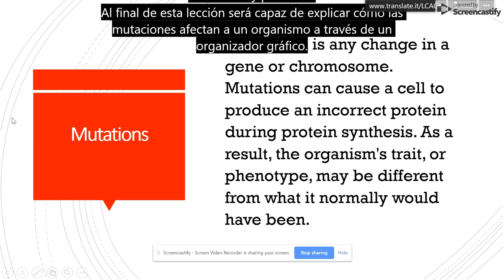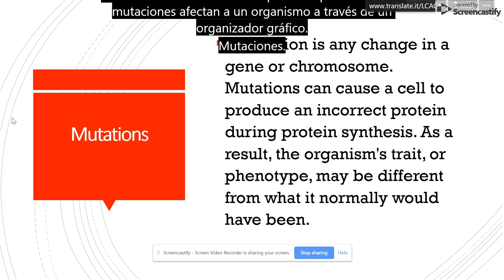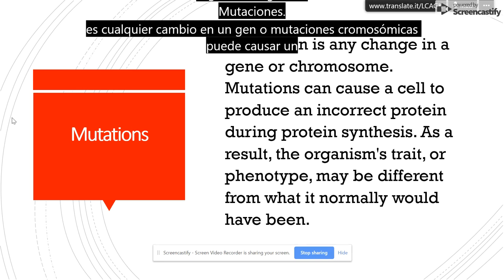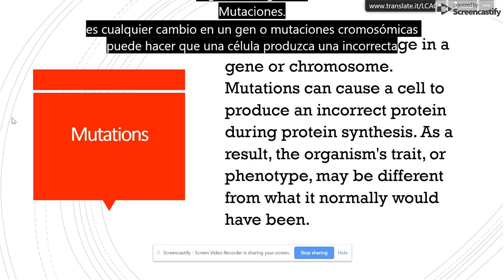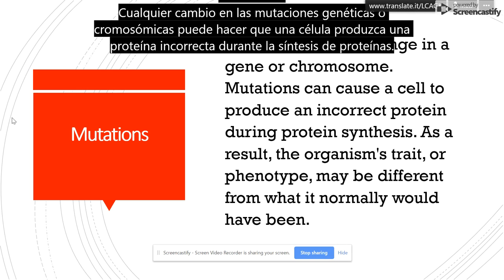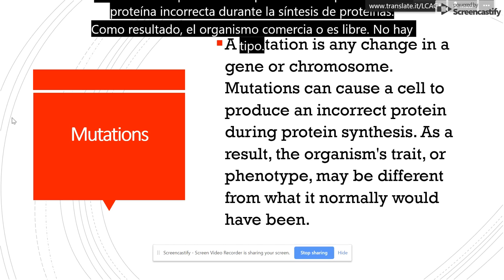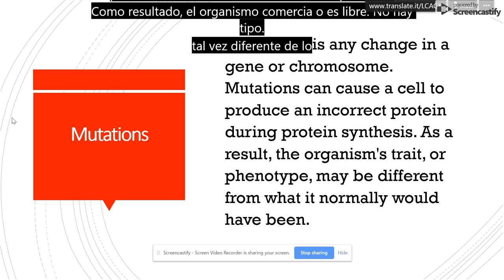Mutations is any change in a gene or chromosome. Mutations can cause a cell to produce an incorrect protein during protein synthesis. As a result, the organism's trait or phenotype may be different from what it normally would have been.